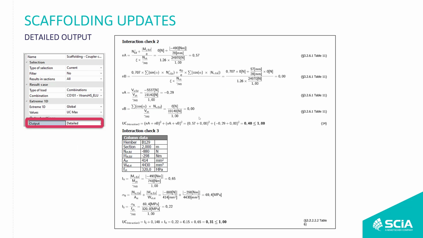Moreover, I already told you that you can check the formulas not just in the help but also in the calculation report. You can see here that if I select in the properties that my output should be detailed, I have an option to see all the formulas with all the substitution, with the result, with the units, and most importantly also with the references like the paragraph and table, so it can be found in the code.